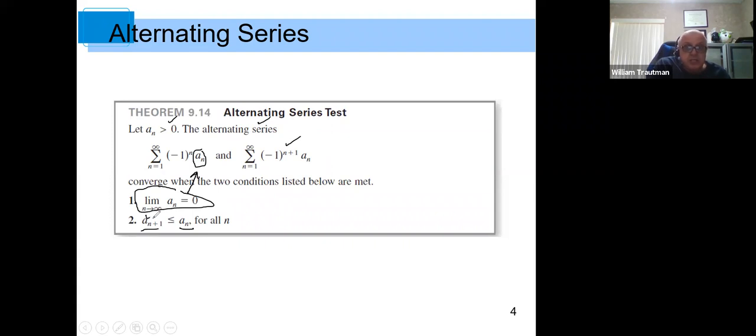Do you see, a sub 2 has to be smaller than a sub 1. So the a sub n limit has to approach 0, and each successive term has to be smaller than the previous when we're just looking at the a sub n.